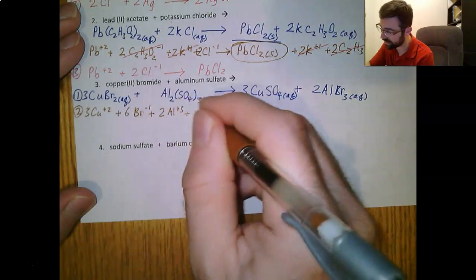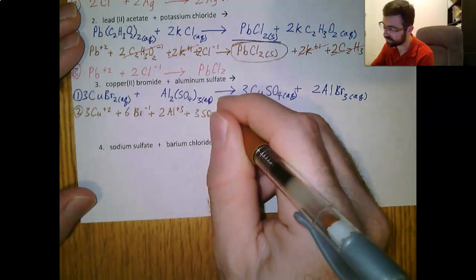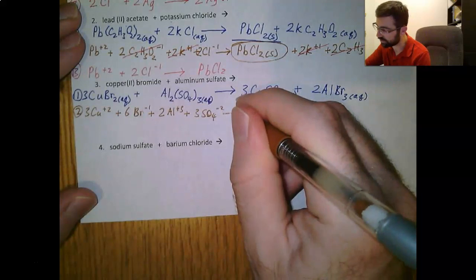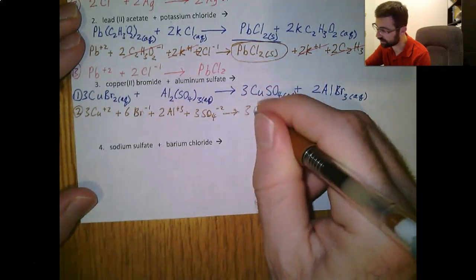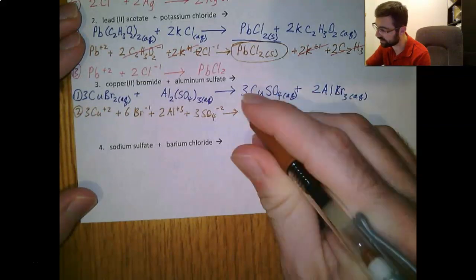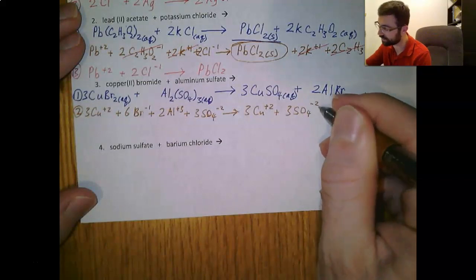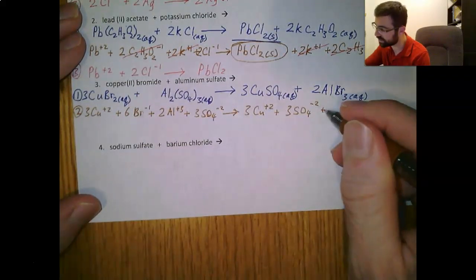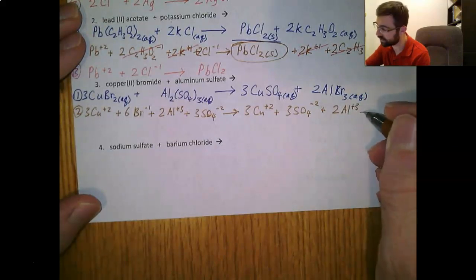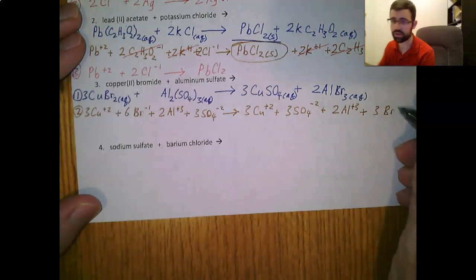I have 3 sulfate, negative 2. All right, I have 3 copper, positive 2. I have 3 sulfate with a negative 2. I have 2 aluminum with a positive 3. And I have 6 bromide with a negative 1 charge.